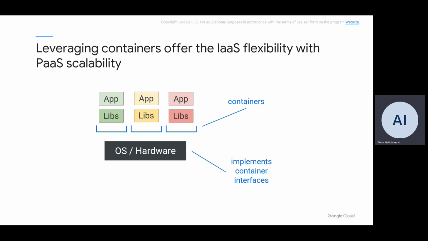All you need on each host is an OS kernel that supports containers and a container runtime. In essence, you are virtualizing the OS. It scales like PaaS, platform as a service, but gives you nearly the same flexibility as infrastructure as a service.